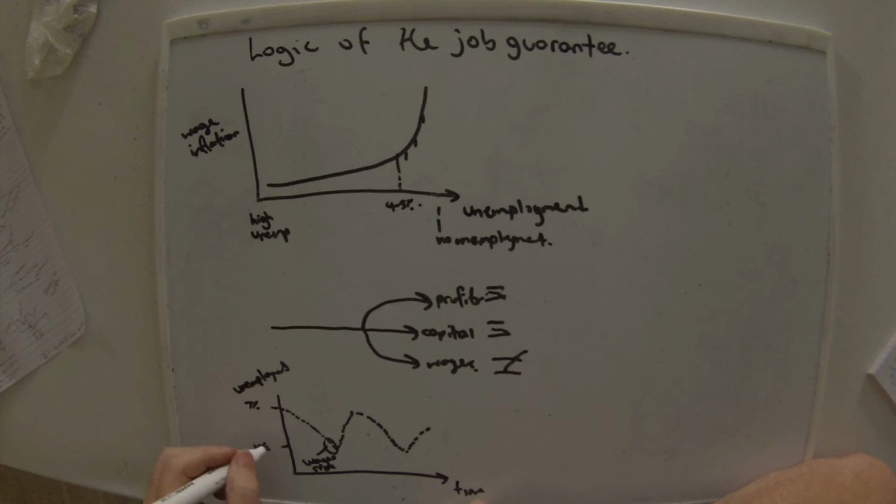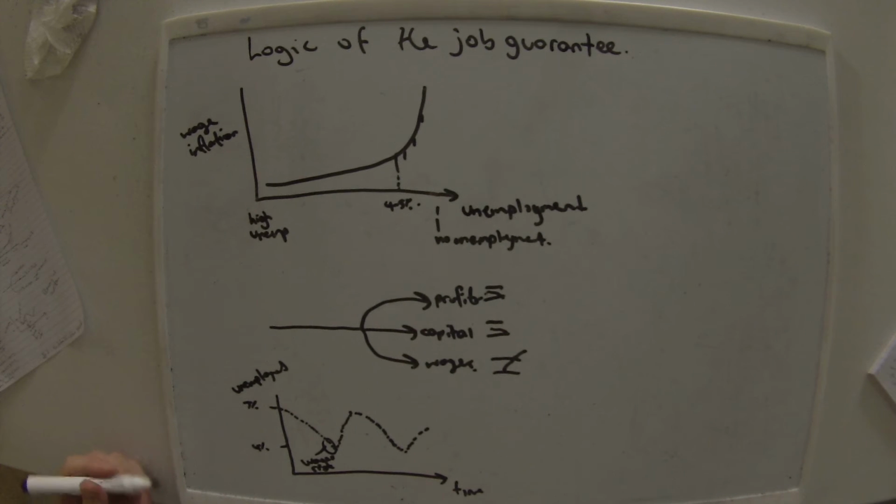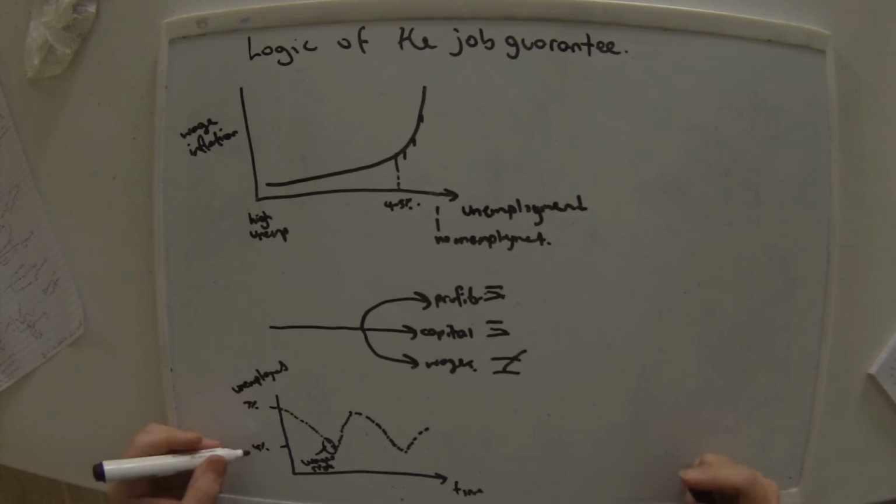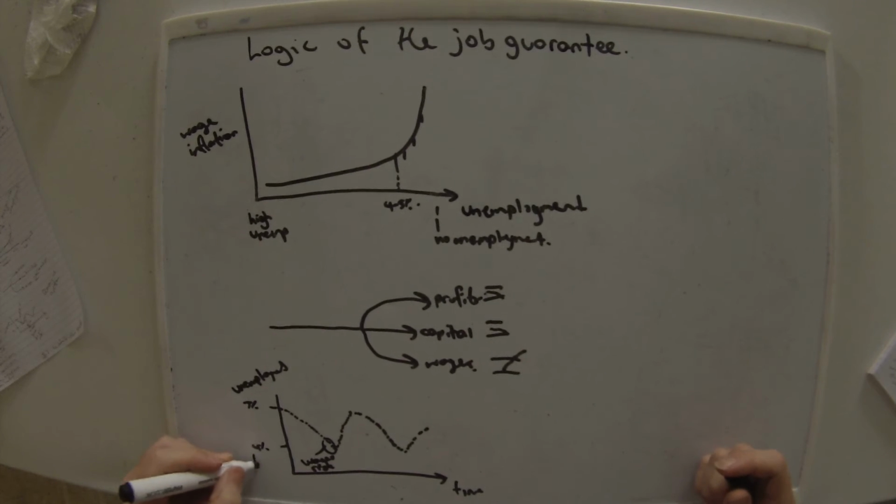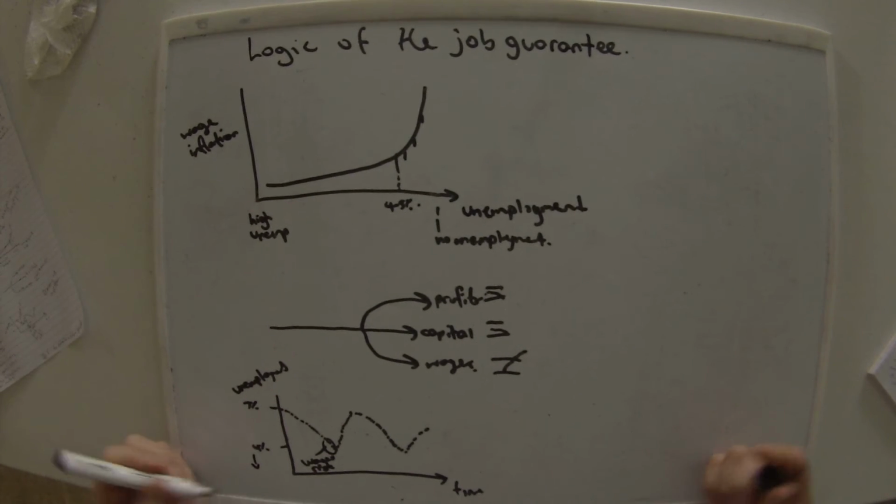So what you will tend to have is an economy that will forever cycle between about 4 and 7% unemployment. The key thing here is that you're never going to get down to very low levels of unemployment.